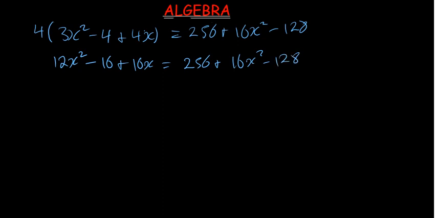So you're going to have 16x squared. In fact, so that we don't waste our time, we're just going to say 16x squared minus 12x squared. What you're going to get is 4x squared. Then what else are we going to subtract?